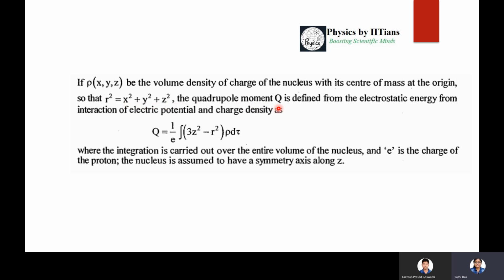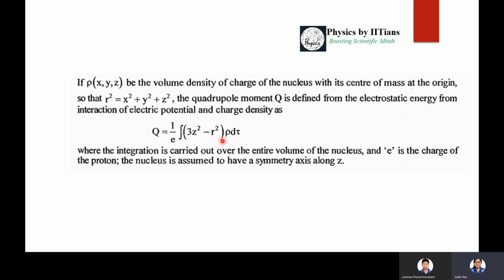The quadrupole moment Q will be defined from the electrostatic energy of the interaction of the electric potential and the charge density, and we can take Q as 1 by e integration of (3z square minus r square) rho d tau, where this integration is carried out over the entire volume of the nucleus, that is d tau, and e is the charge of the proton, and the nucleus is assumed to have a symmetry along the z axis.